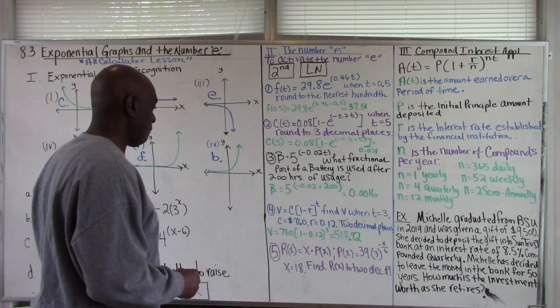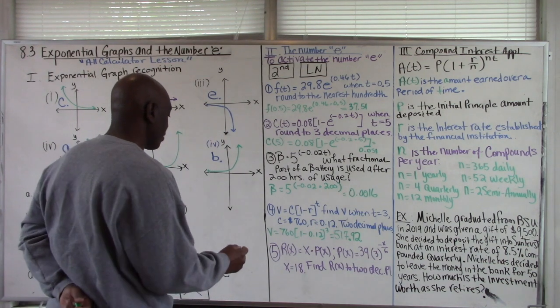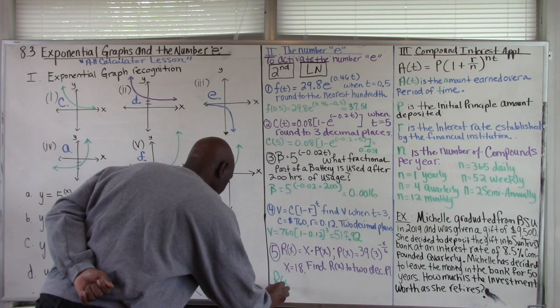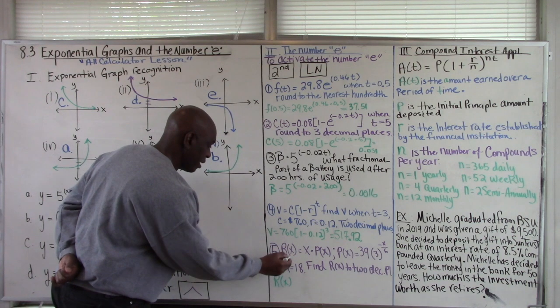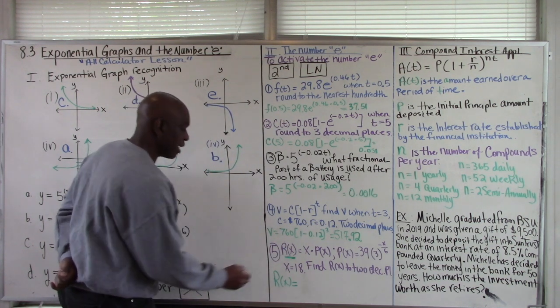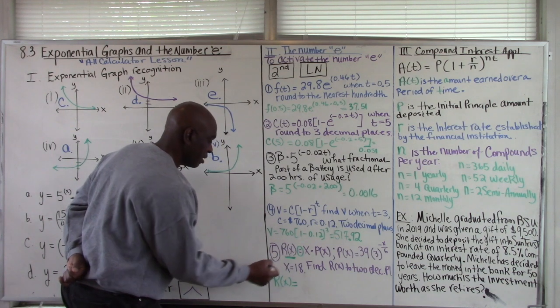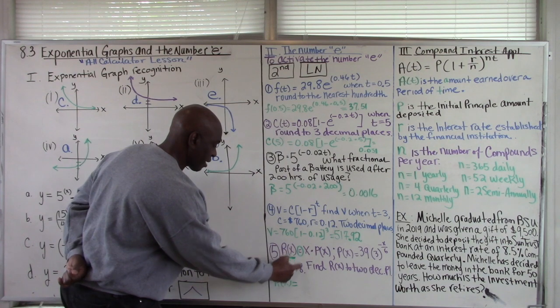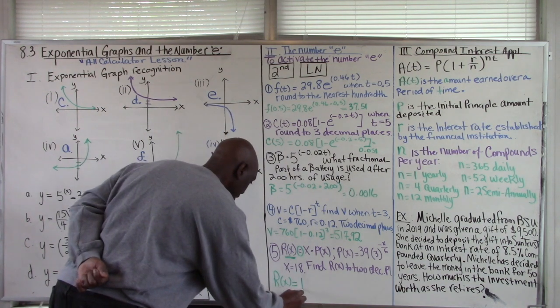All right? So R of x equals x. What is x? 18. So I'm going to write 18.